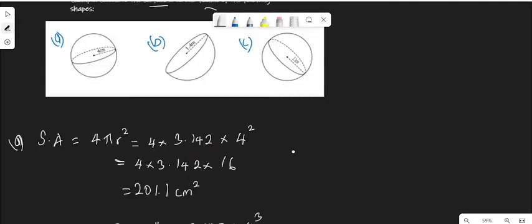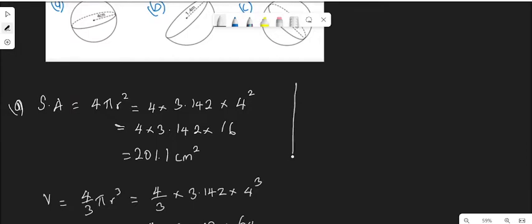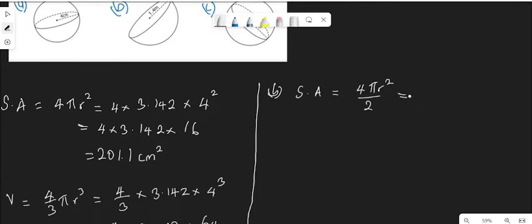Part B is a hemisphere. Let me work that here. So B, we know that the surface area of a hemisphere is 4 pi r squared divided by 2, since a hemisphere is half of a sphere, which is of course 2 pi r squared.